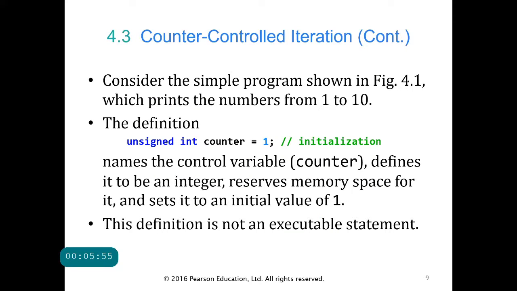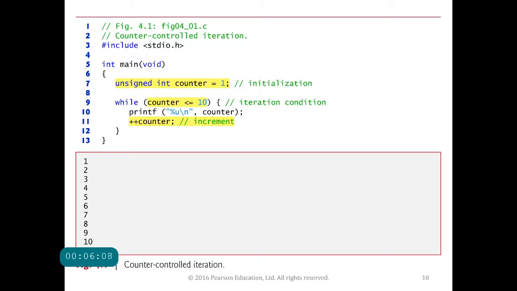One example of a counter variable is given on this slide. So you could initialize it as an unsigned integer data type whose initial value is 1. Let's look at a very simple example, which is basically a while loop. In this while loop, you have an unsigned int counter initialized to 1.